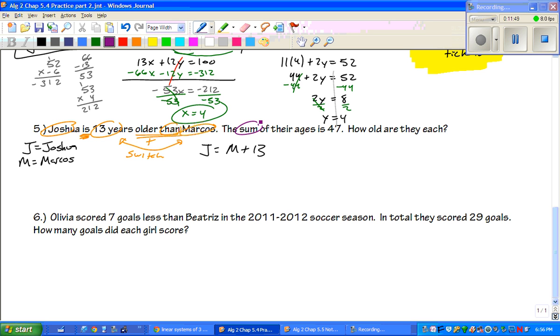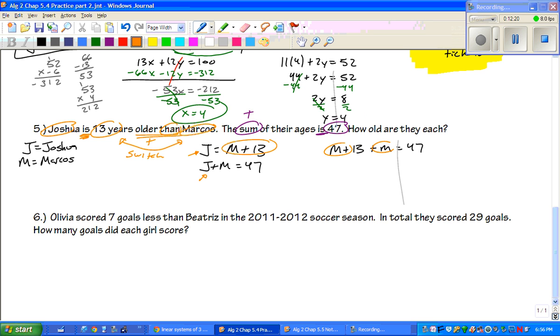Okay, now on the back, the sum of their ages is 47. So if you add them up, it equals 47. So now all we got to do is solve it. We're going to use substitution because the J is all by itself. And that is M plus 13 plus M equals 47.